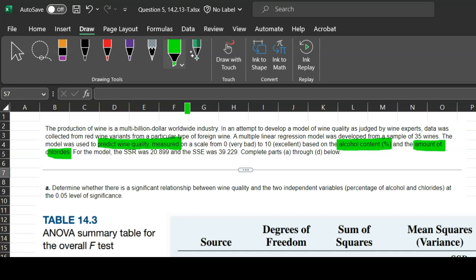Now they give us two more pieces of information. The SSR is 20,899 and the SSE is 39,229. And I forgot to mention, the sample size is 35.